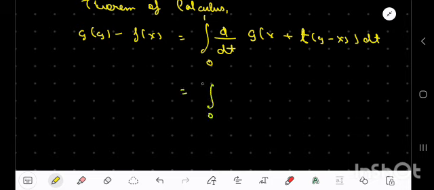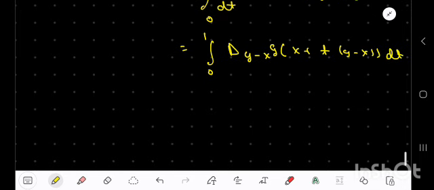So it can be written as 0 to 1 of the directional derivative taken in the direction of y minus x of the function at this point, dt. Now we know that the magnitude of the directional derivative in the direction of some vector v is always less than or equal to 1 upon 2n times the norm of that vector.